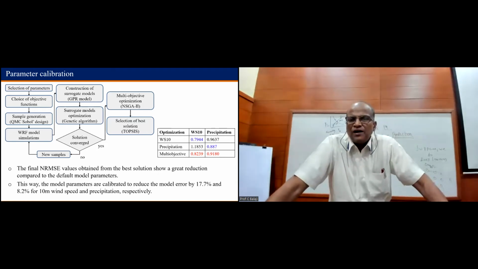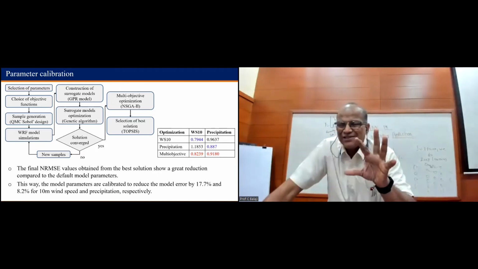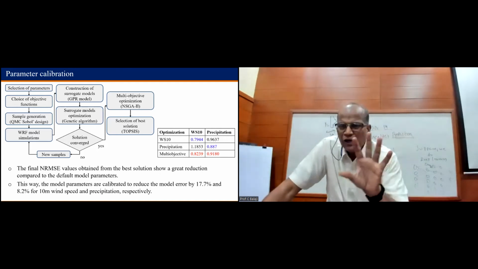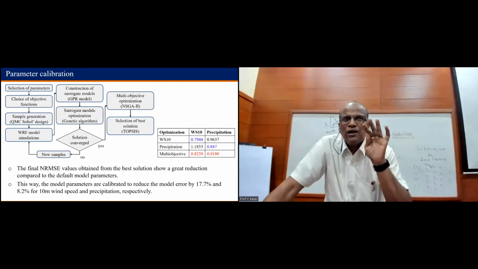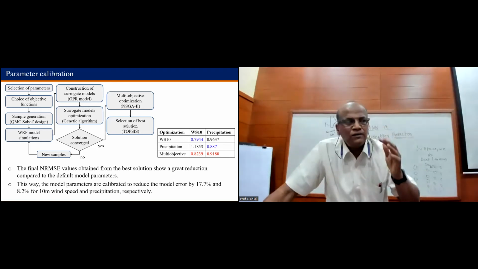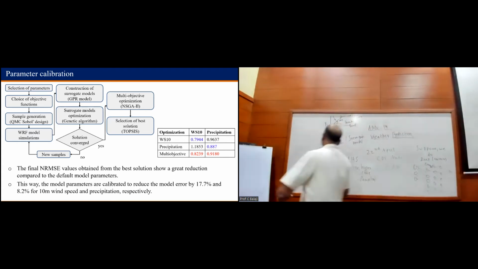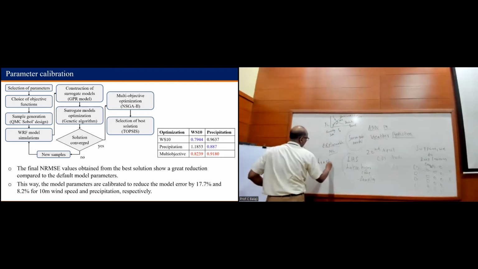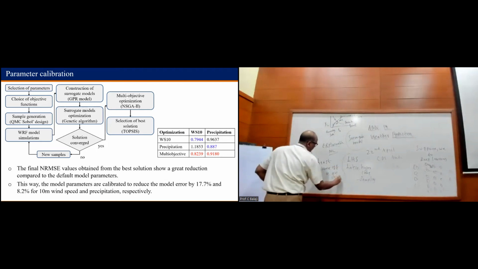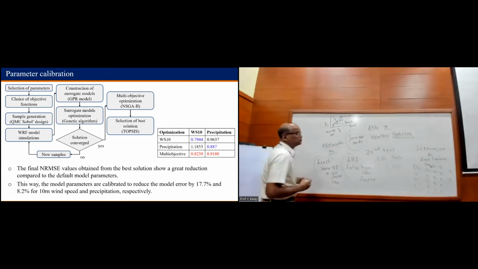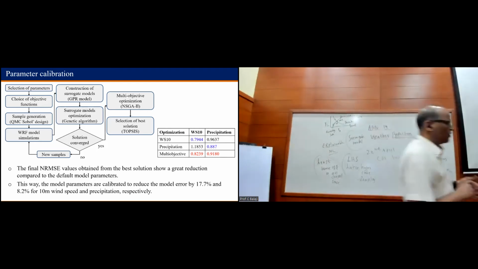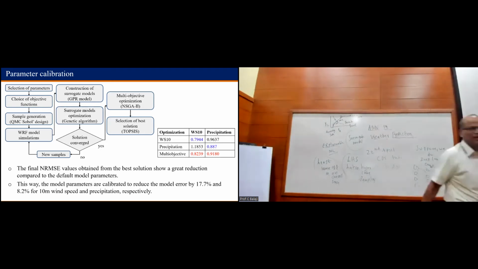You will not get the best for each of these individual objectives, but you will get a compromise solution. You are the least worse off in an overall sense. The least worse off.